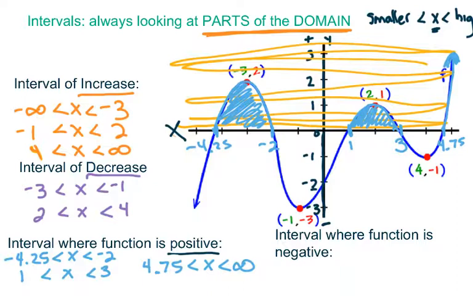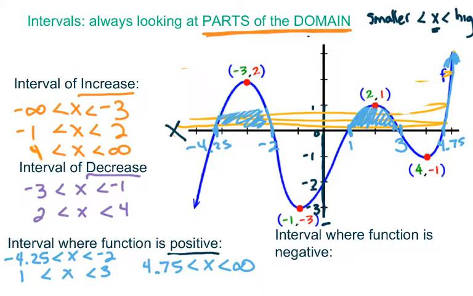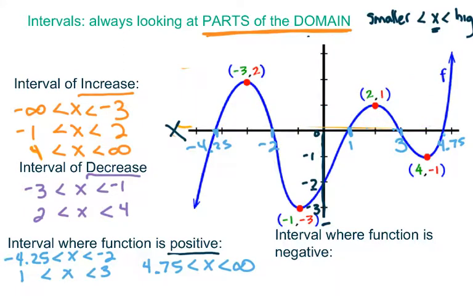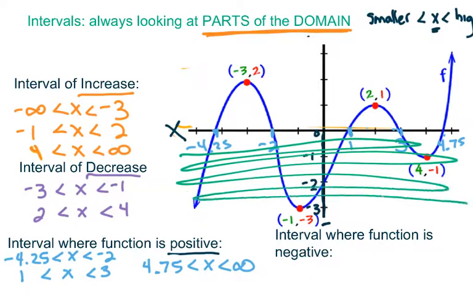All right, I'm going to hurry with the negative because this video is getting too long. So I'm going to erase all that. Now we're focused on the negatives. So I'm going to change this to a green. We're looking down here. Okay, so this piece is below the x-axis. This piece is below the x-axis. And this piece is below the x-axis.